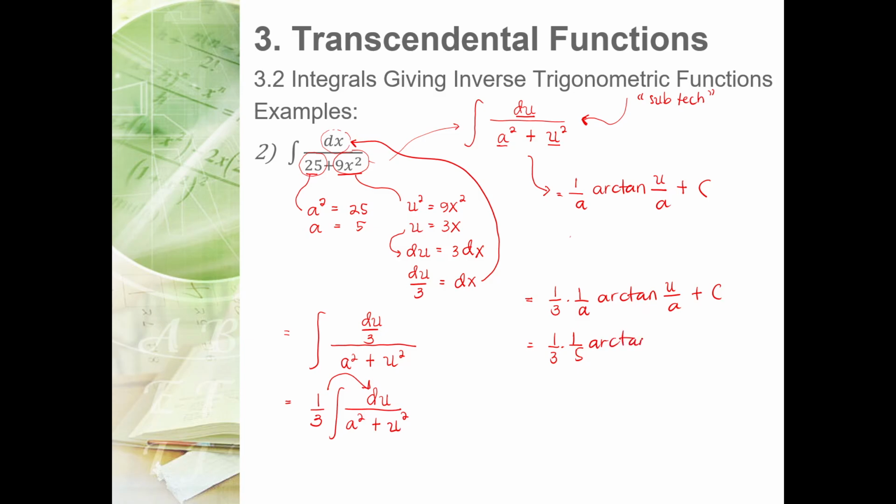Then arc tangent 3x all over 5, plus c. Okay, so final answer is 1 over 15 times arc tangent of 3x all over 5 plus c. So this one is your final answer.